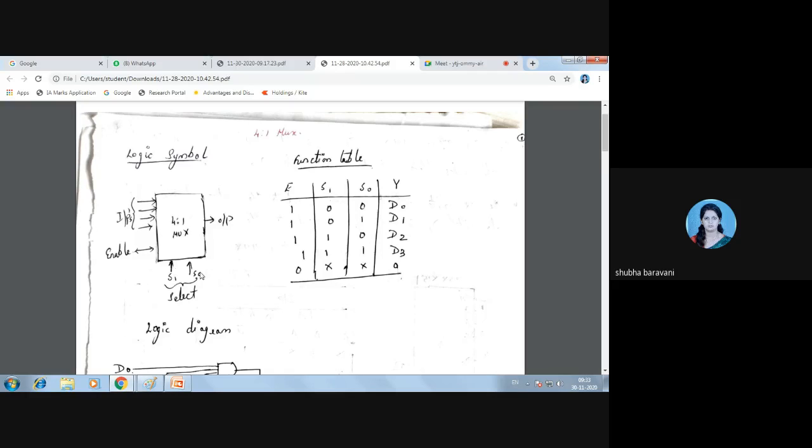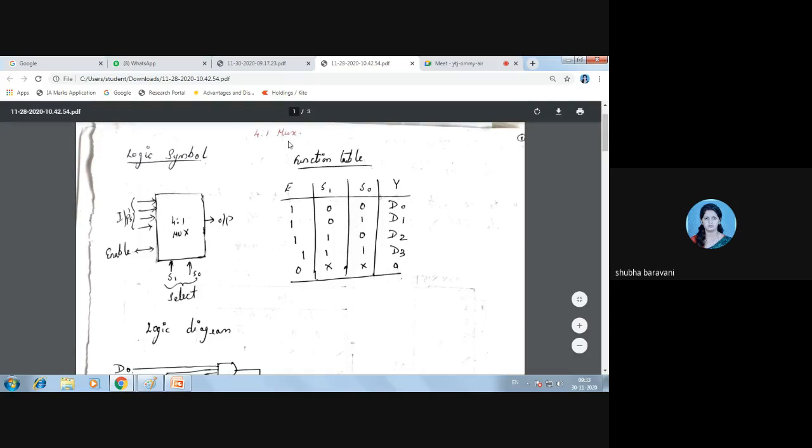You all have gone through the PDF, Rutik? Yes, ma'am. Okay. So is there any problem in understanding this logic diagram of 4:1 mux? No, ma'am.